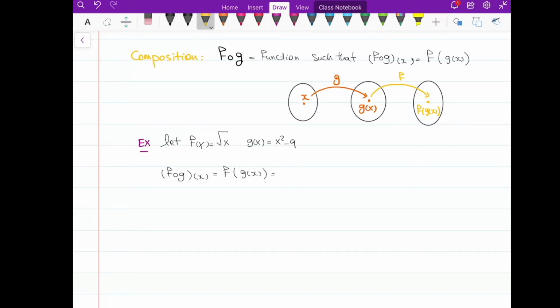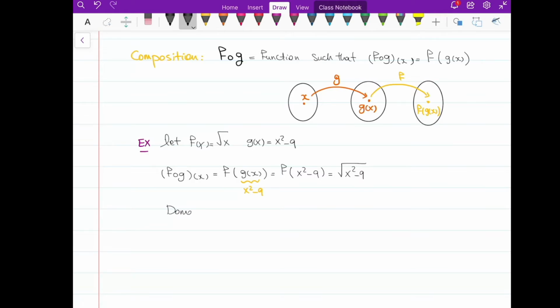So what is g of x? g of x has this formula, x squared minus 9. So I need to find f of x squared minus 9. Now look at my function f. At any x that I see in here, I'm going to put x squared minus 9. Okay, so square root of x squared minus 9. That's the answer for f circle g.